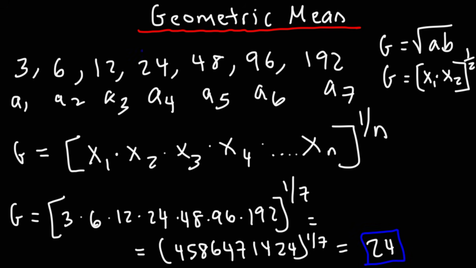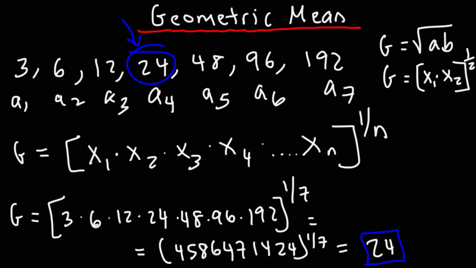Notice that this is the middle term in the geometric sequence of 7 numbers. So when I took the arithmetic mean of the first 7 terms, I got the 4th term because that's the middle term. Likewise, taking the geometric mean of all 7 terms in the geometric sequence gave us the middle term of that sequence, which is the 4th term.